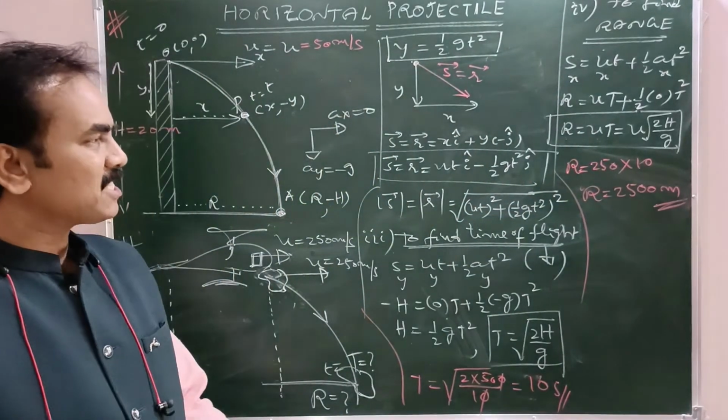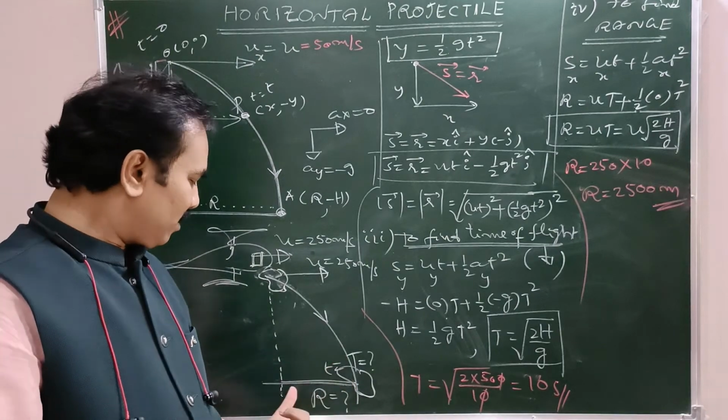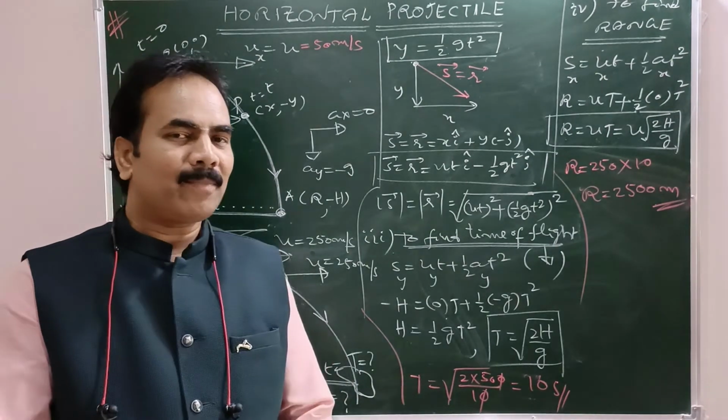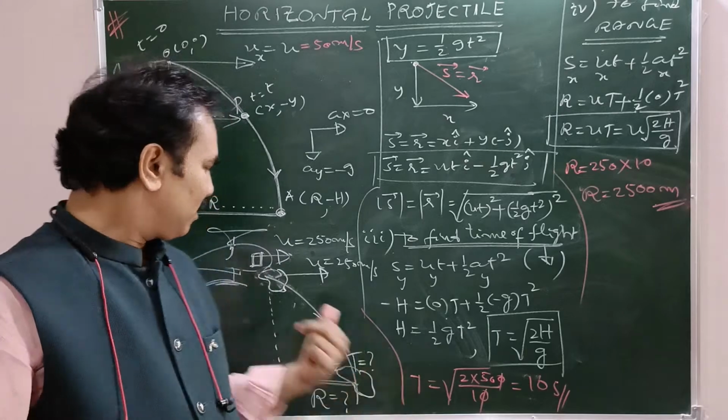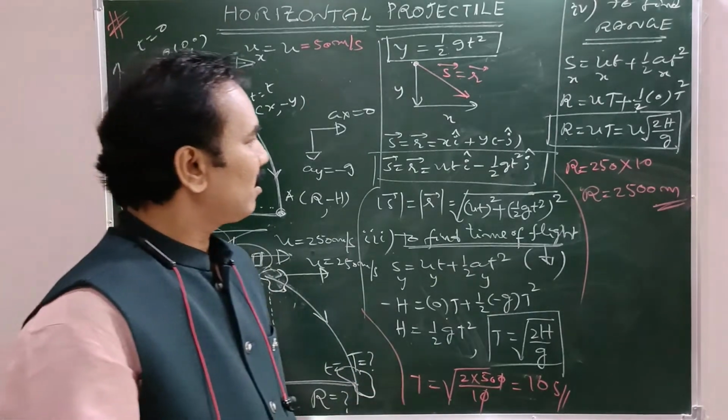That's how one can find the time taken by the packet and the horizontal range covered when it is dropped from a horizontally heading aeroplane, flight or helicopter.